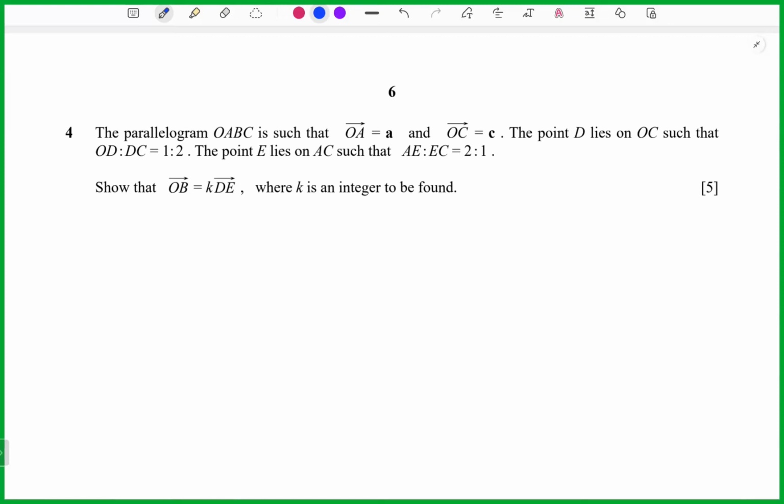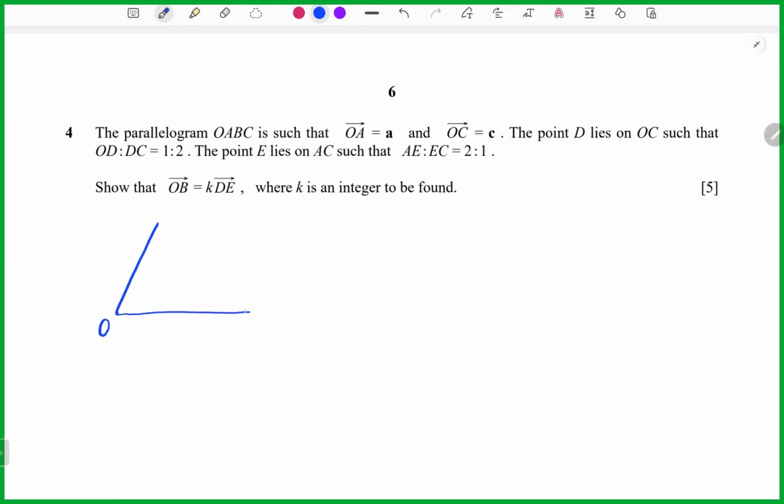Now we see how to solve this question. I try to sketch a diagram here. Because the question already says the parallelogram OABC, I can sketch it out first.